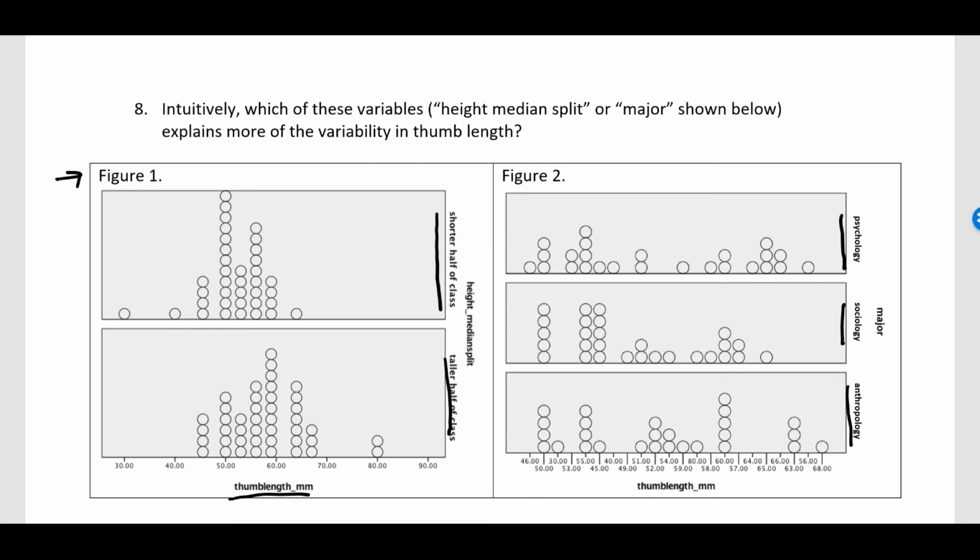So intuitively, I want you to think, which of these two variables, the height median split or major, seems to explain more of the variability that we see in thumb length?